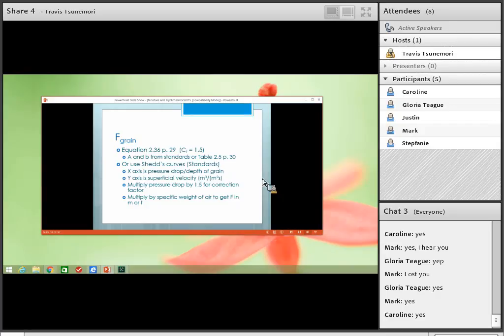Now, one thing that I'll caution you on is to be very clear about what fluid you're using. All those problems we did last week were water, and now we're in air. It's pretty easy to get mixed up and start using the wrong specific weight. So just be very clear about what fluid you're working with.